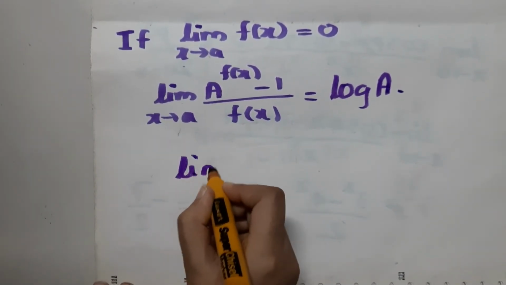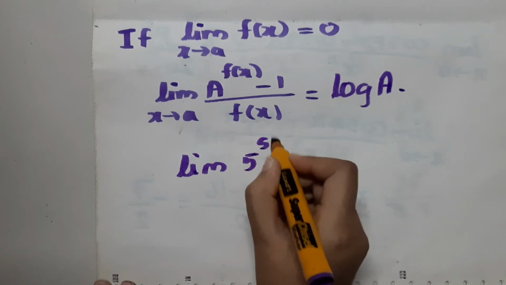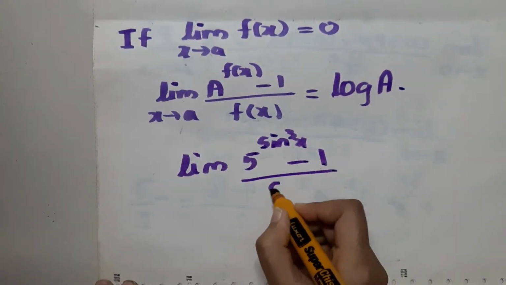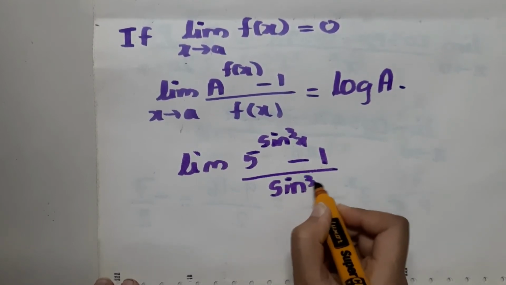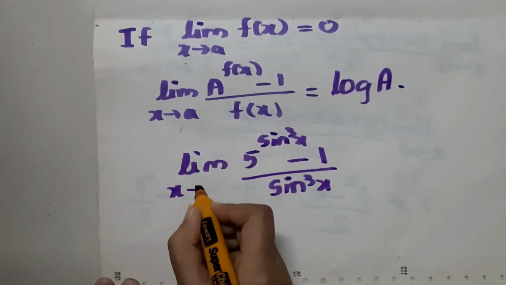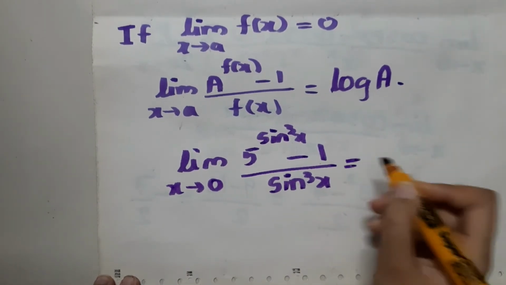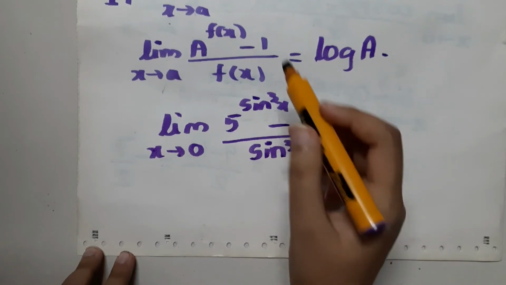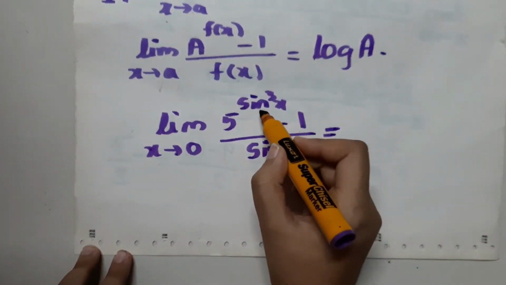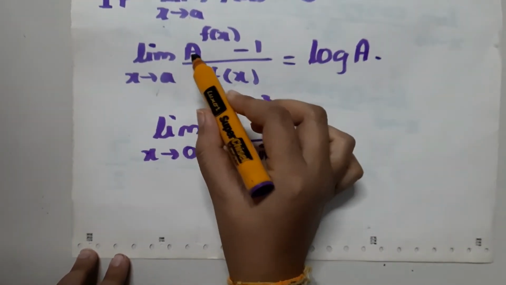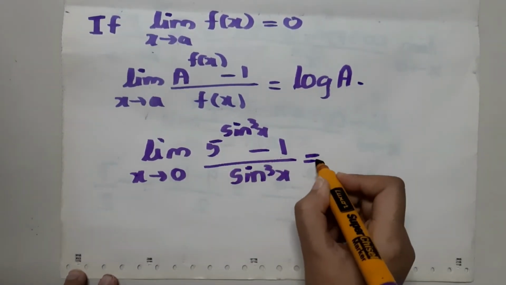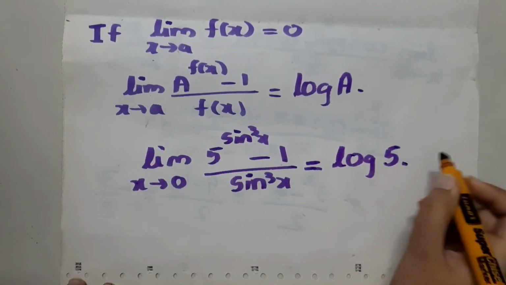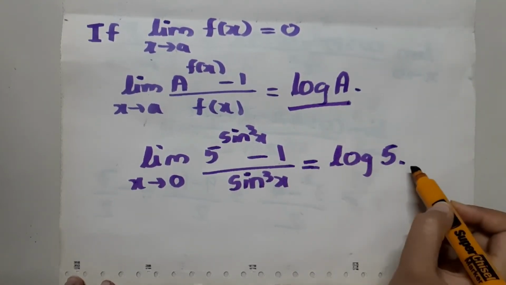Limit (5 power sine cube x minus 1) upon sine cube x as x tends to 0 can be written as, when we compare the formulas, instead of f of x we have sine cube x, instead of a we have 5. So we can write the answer as log 5 when we compare to log a.